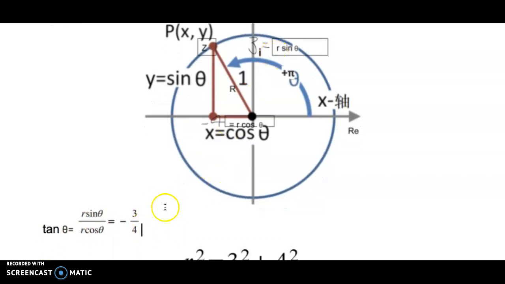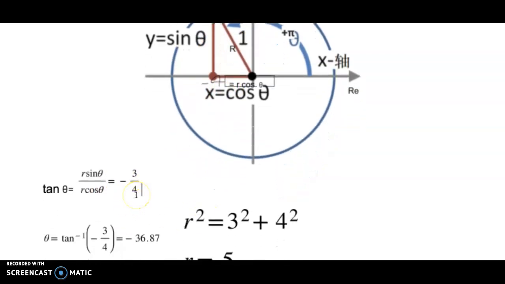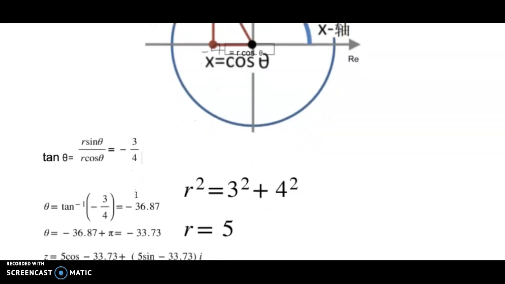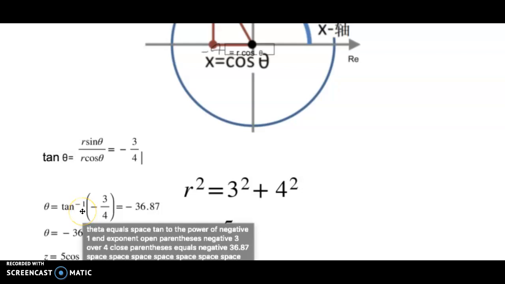So we put 3 for sine, 3 on top, and we have negative 4. Obviously this equation is negative, so we have 4 right here. As we continue through that, we did find our tan. But now we have to find the actual answer, like what the inverse of negative 3 over 4 is, with the exponent.